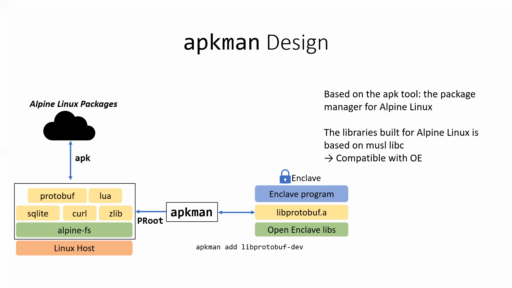So it brings a natural compatibility between the two. We provide a wrapper on the APK command that allows us to grab packages from the Alpine Linux packages, and then we can directly use, mostly, the static libraries that depend on the musl C provided by Open Enclave.